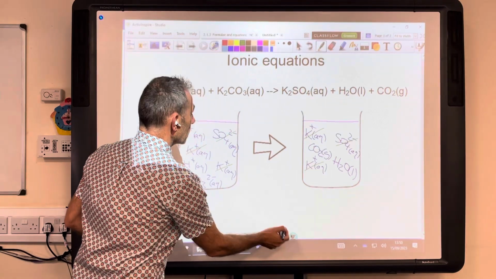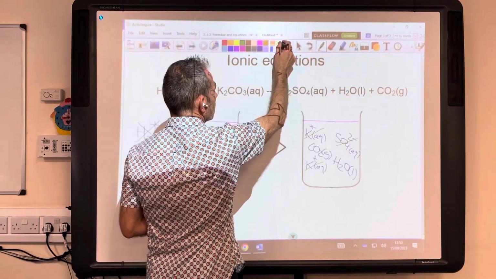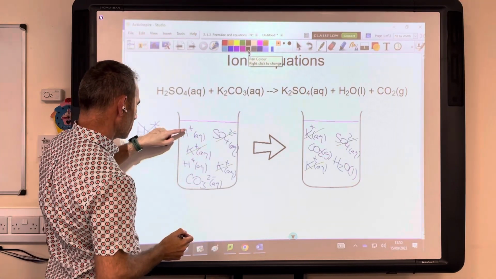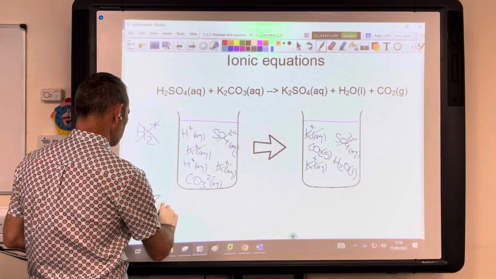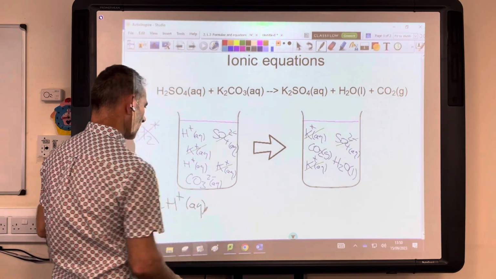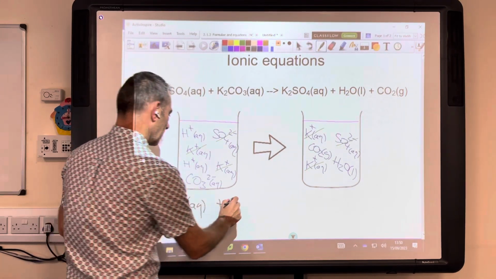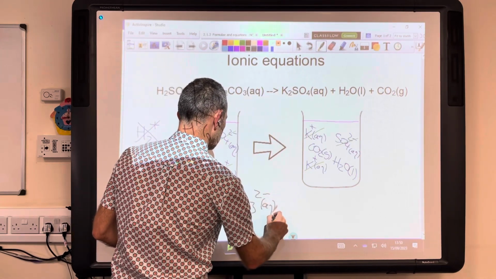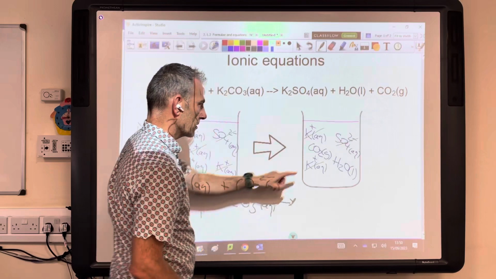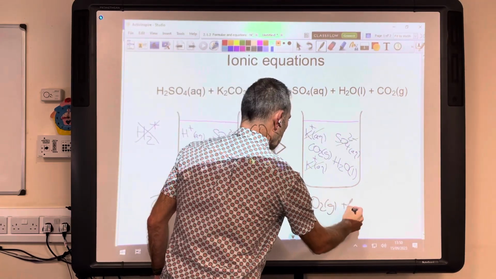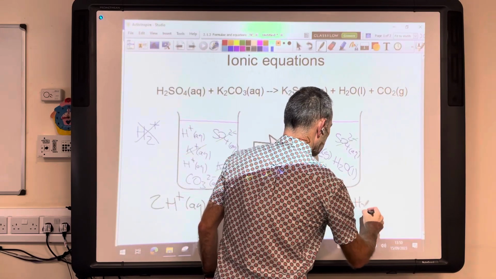So the ionic equation, I'll just make the pen a bit bigger so we can see it a bit better. The ionic equation is H plus plus H plus, so 2H plus aqueous plus that carbonate ion, and that's made carbon dioxide gas and H2O liquid.